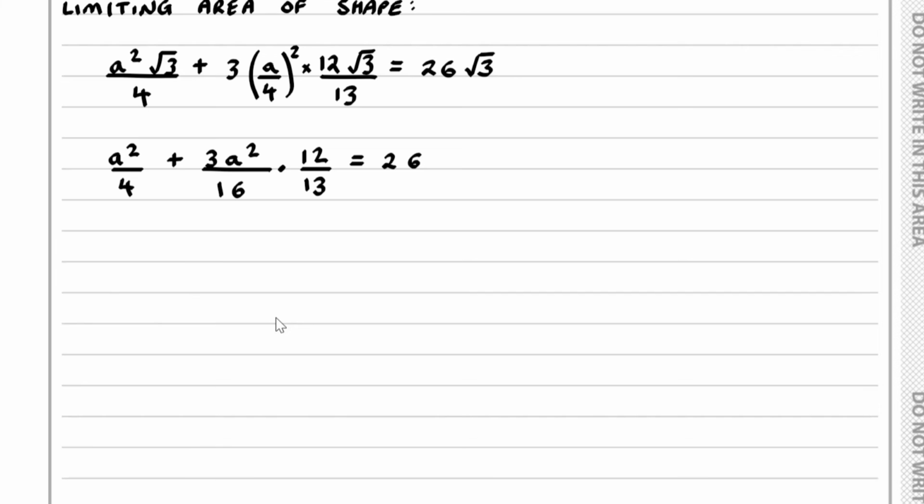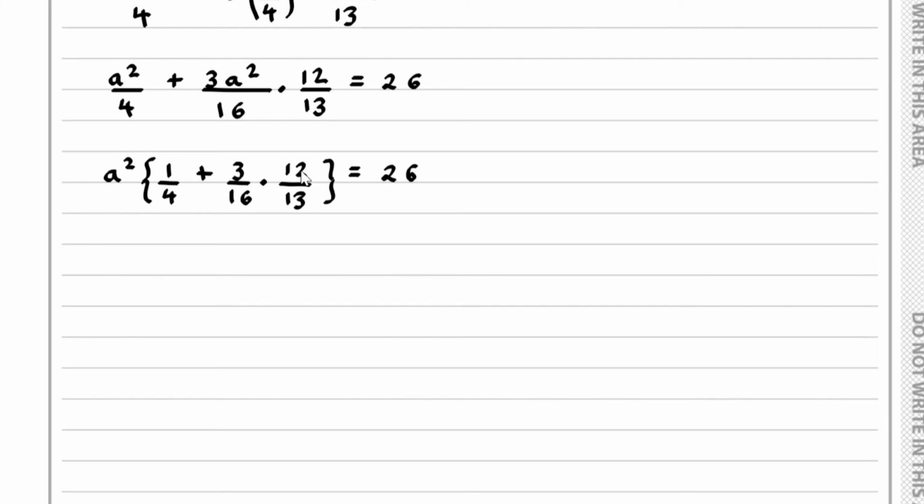So, if I factorize out an a squared, we have 1/4 plus, now here we've got 3 over 16 being multiplied by 12 over 13, and this is equal to 26.